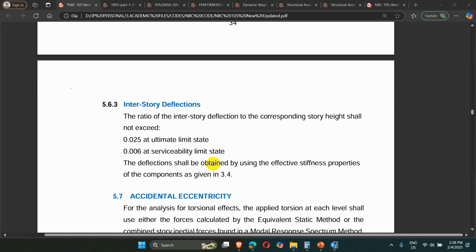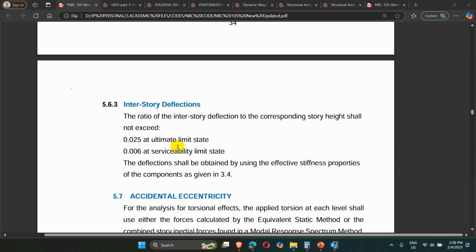So this deflection shall be calculated using the effective stiffness properties. While doing analysis with the consideration of the above mentioned stiffness properties in ETABS, the obtained inter-story drift or inter-story deflection shall not exceed the allowable limit as mentioned in the code.